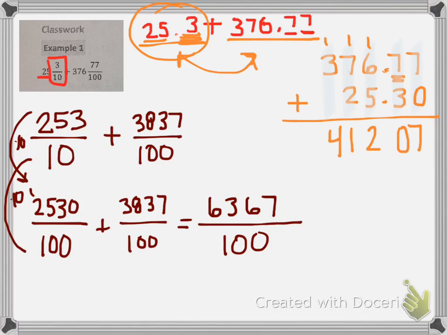Caught myself, I was trying to hurry. 9 plus 1 is 10. There we go. Carry the 1. 3 plus 1 is 4. So here's our answer, and the decimal goes straight down into my answer. So 402 and 7/100 is my actual answer.